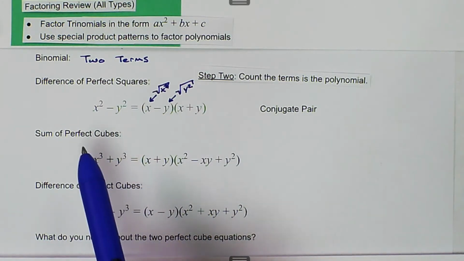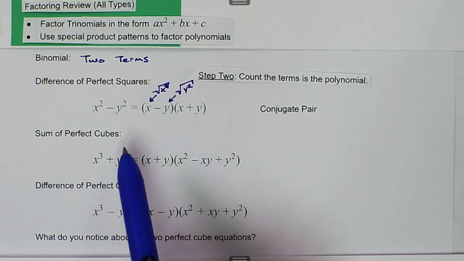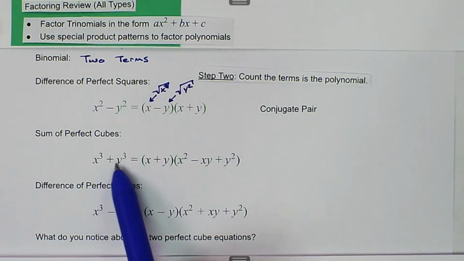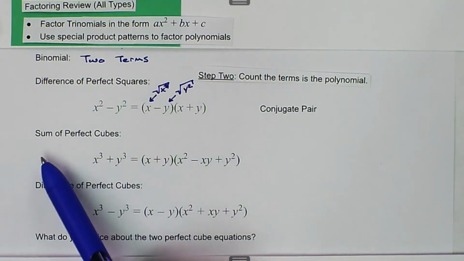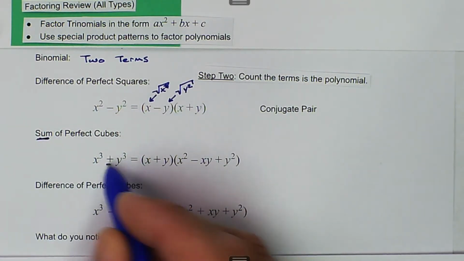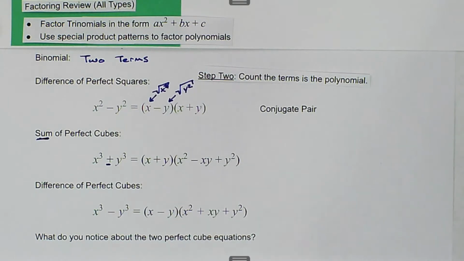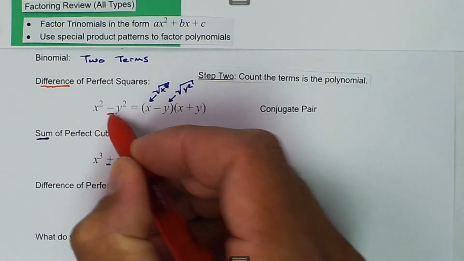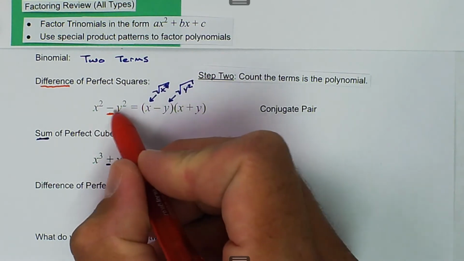The next thing we look at is the sum of perfect cubes. So what do we notice here? We have x cubed plus y cubed. That's a sum, so that's where we're talking about addition. And up here, we're talking about the difference of perfect squares, so we have the subtraction sign with two perfect squares.